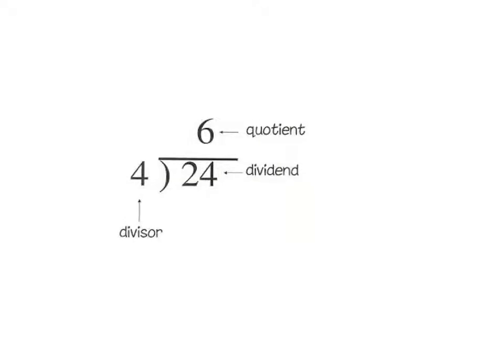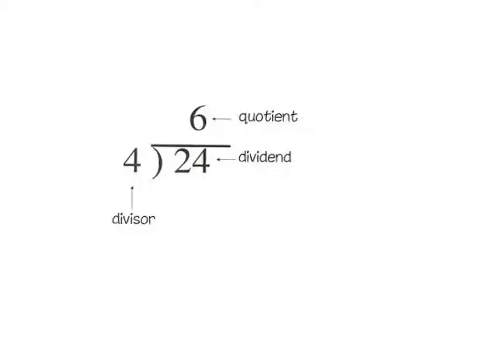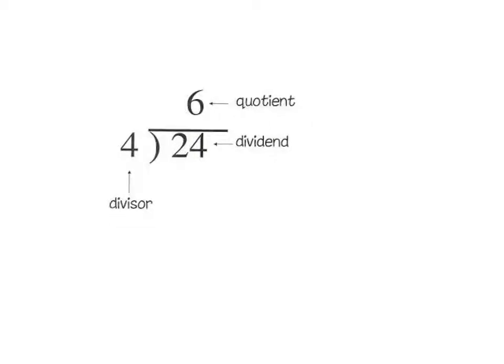So our dividend in this case would be 24. So when I say that you're going to be working with 3 and 4 digit dividends, that means that this inside number right here is going to have 3 and 4 digits in it. Now how many groups we're making is called our divisor, and our answer in a division problem is always called our quotient.